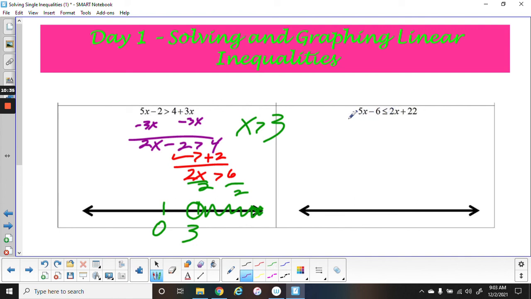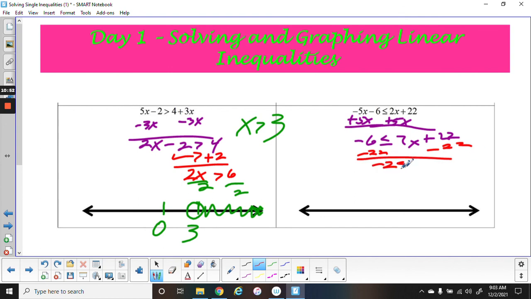Over here, I'm going to add 5x. So I get negative 6 is less than or equal to 7x plus 22. Subtract 22. Negative 28 is less than or equal to 7x.